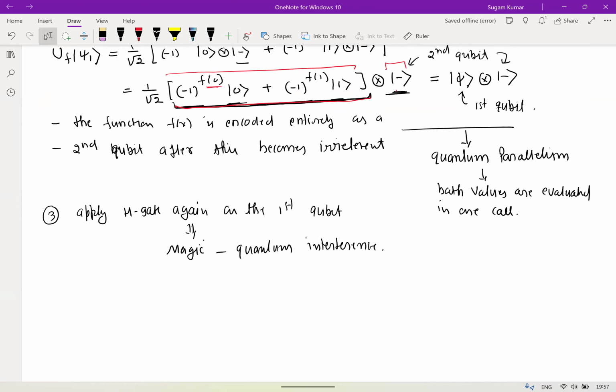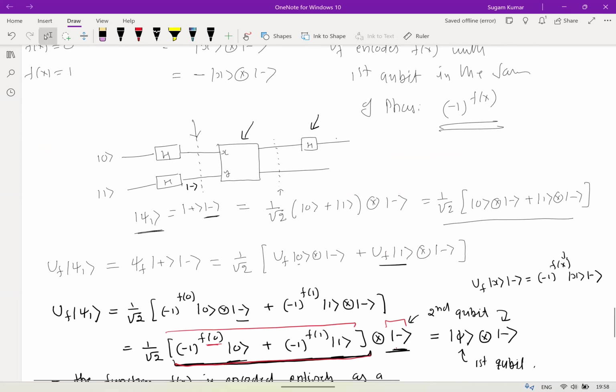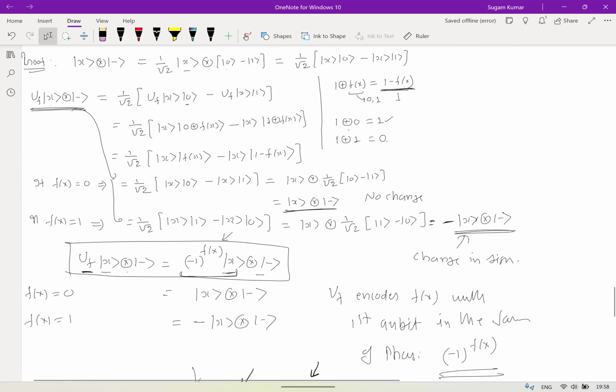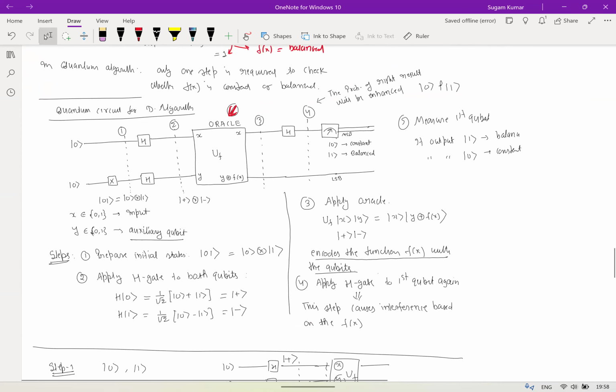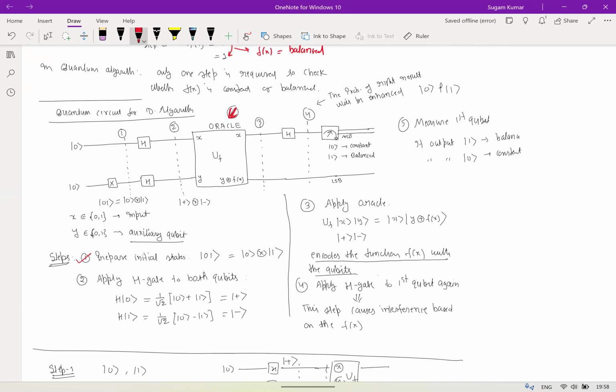Anyway, up till here, any question? Because now I'm going to come to the interference. Anything you want to ask? I hope all the steps are clear to everybody. The first step was to prepare the initial state. Then we applied Hadamard gates and produced superposition states, and then I applied the oracle.